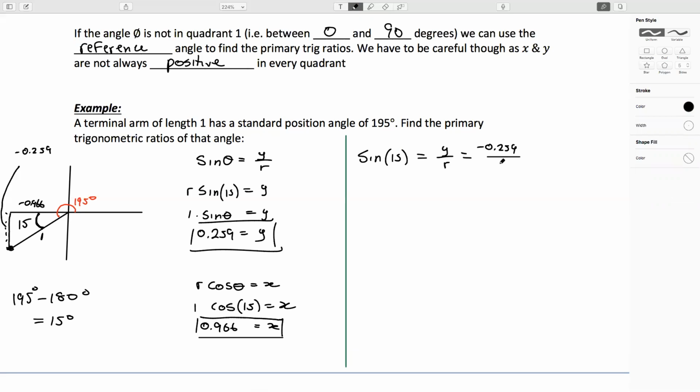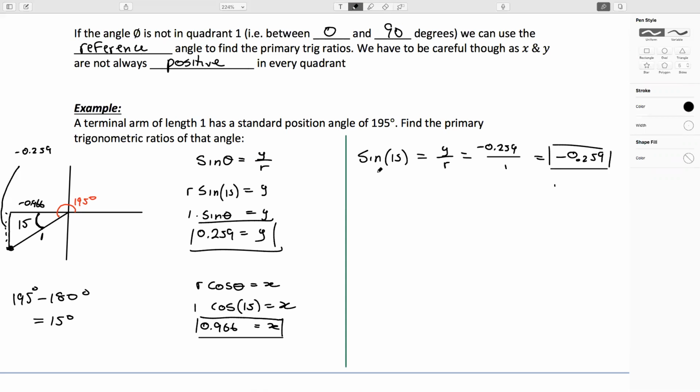R is 1. So sine 15 is just negative 0.259. This is different than just sine of 15 because that would be positive 0.259. It's a minor difference, but it makes a big difference in terms of your actual answer.